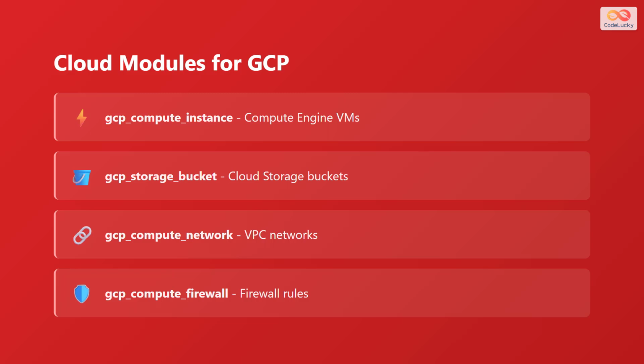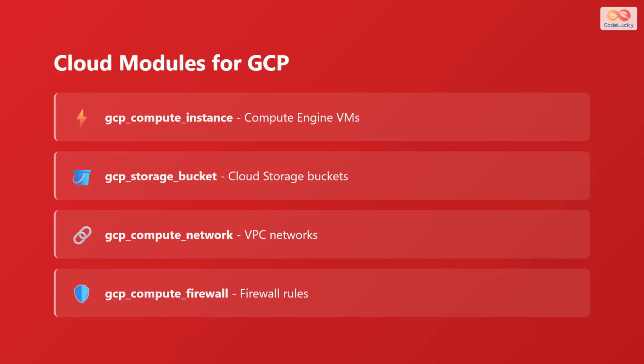Google Cloud Platform is also fully supported by Ansible. The gcp_compute_instance module manages Compute Engine virtual machines in GCP. The gcp_storage_bucket module creates and configures cloud storage buckets for object storage. For networking, the gcp_compute_network module sets up VPC networks to isolate and connect your cloud resources.